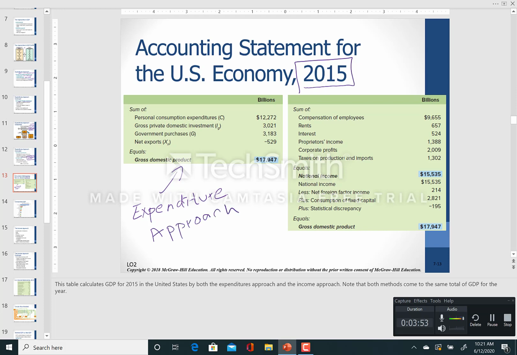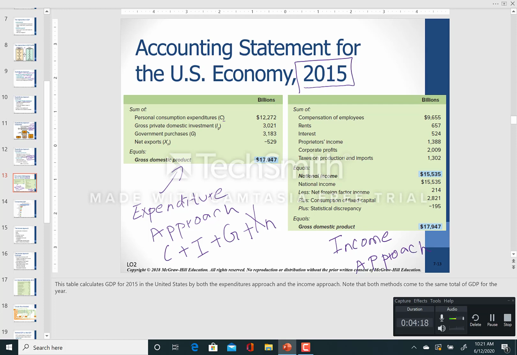What am I adding up here? Consumption, then I'm adding up investment, then I'm adding up government expenses. After that, I'm adding up net exports. And this one is the GDP from the income approach.